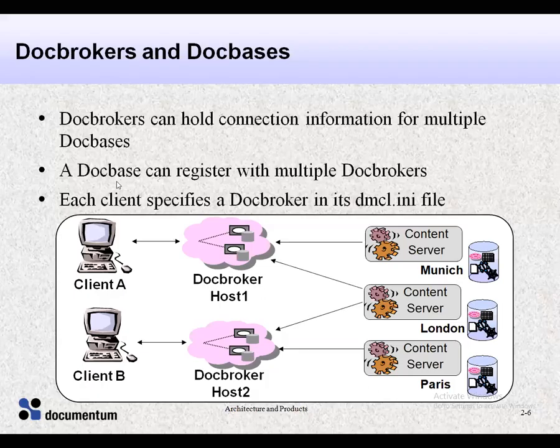Now, I told you initially the system gets connected with the docbroker, and the docbroker knows which repositories are running or not running. So one docbroker can have multiple docbases as well, as I told you in the example of dev, prod, UAT. Similarly, we can have multiple docbases if our business is spread over more than one country.